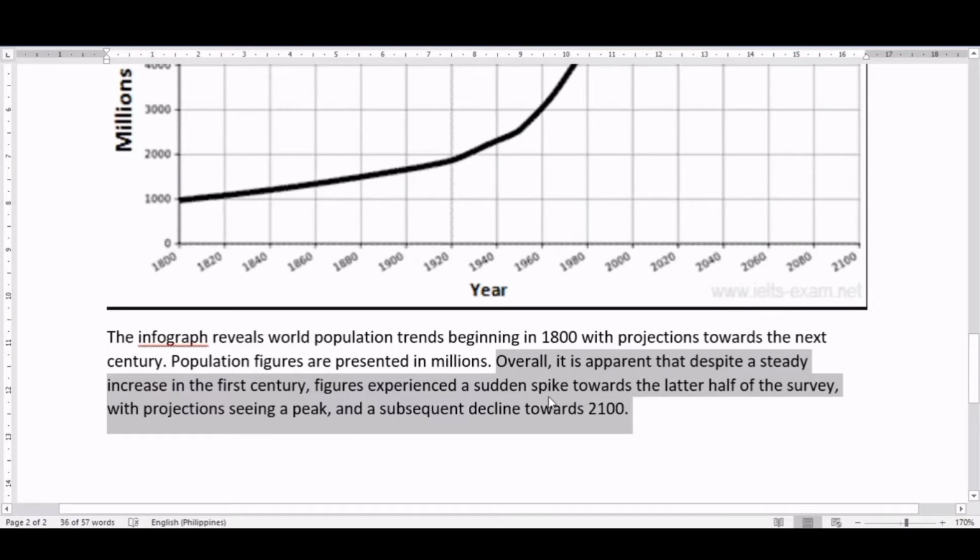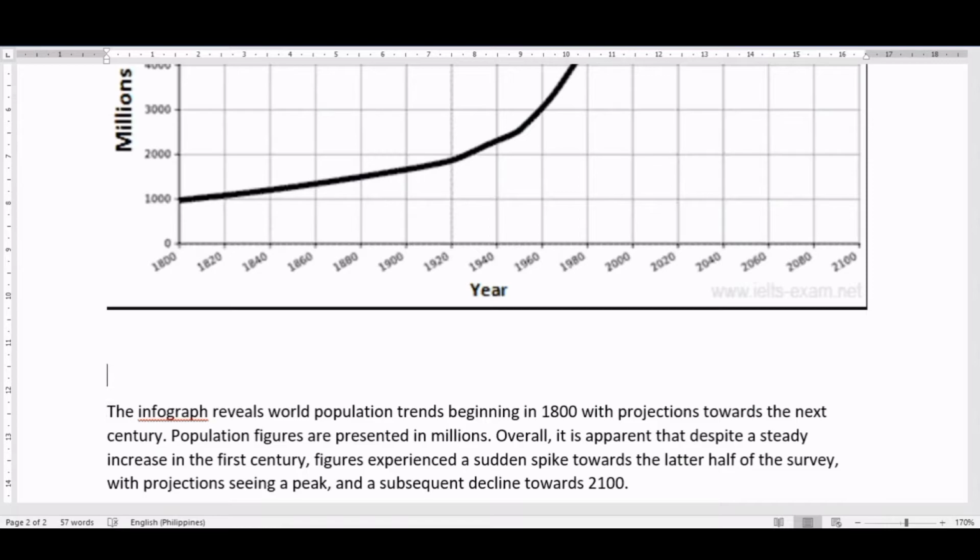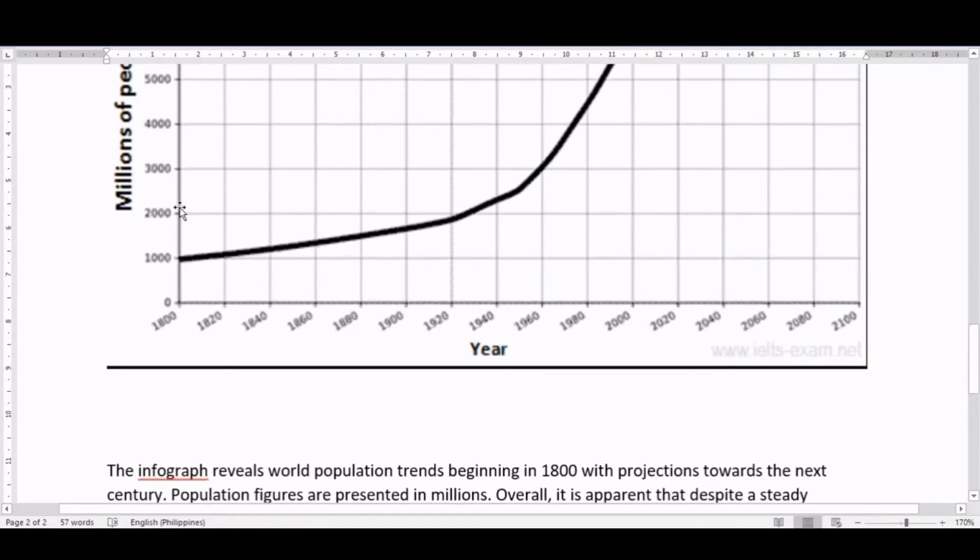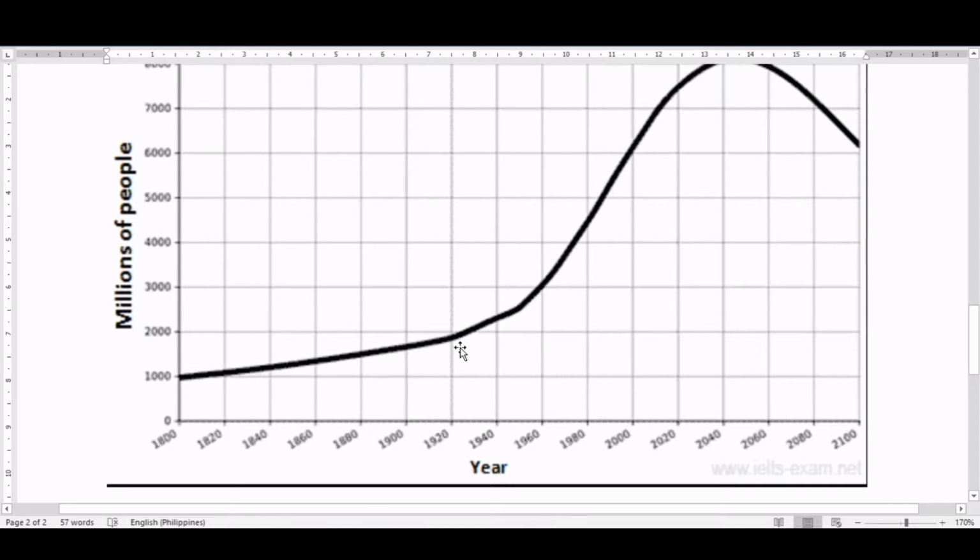If you notice in the overview, there really is no citation of any specific figure, and that's because it's just an overview statement. Any citation of specific figures should be made in the body paragraphs. The body paragraphs will now be divided into 2, so maybe we will include this plus the 1920 figures over here, and then the 1945 figures over there.